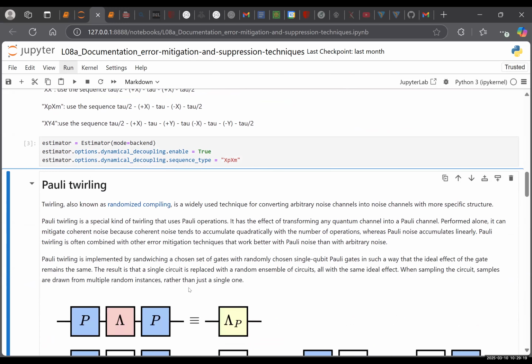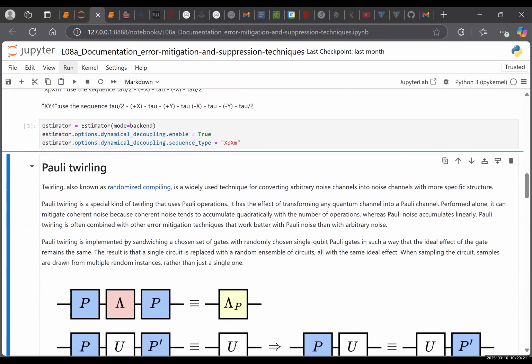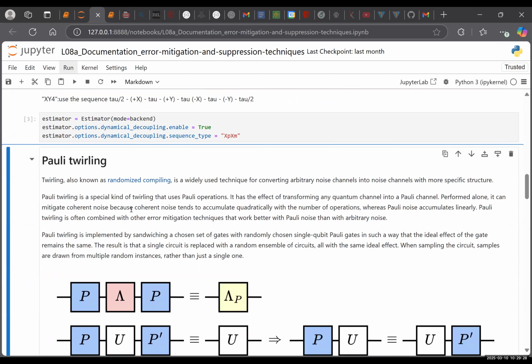So the next one they introduced is called Pauli twirling, or randomized compiling. I already introduced one, which is randomly adding the Z at the end. This is just to improve the readout, to get rid of the Y and X noise, and then you can just concentrate on the Z part, which corresponds to the flip error.